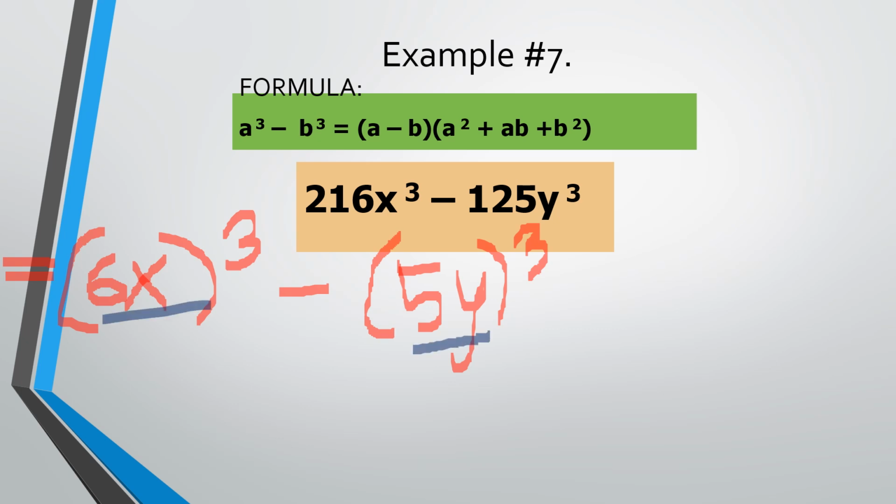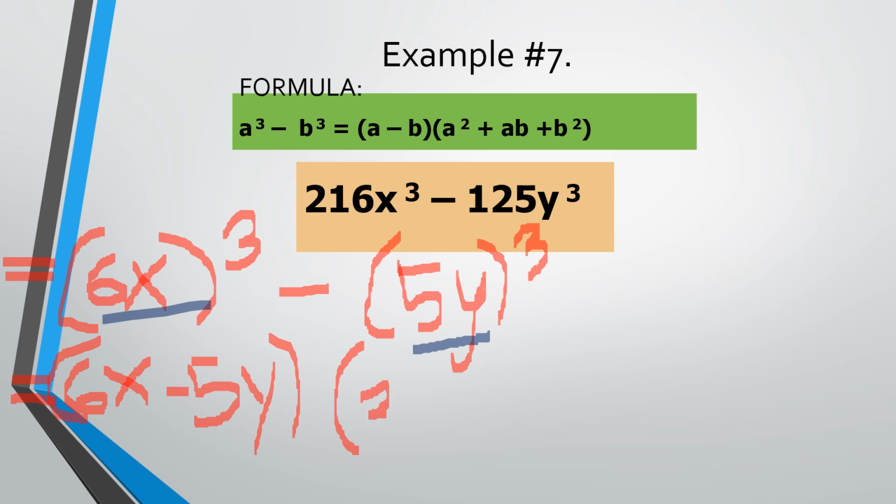Next, apply the rule. Equals. Open parenthesis, we have A minus B. We have 6x minus 5y. And then close it. Open parenthesis, A squared. 6 times 6 is 36. x times x, x squared. Next, plus.